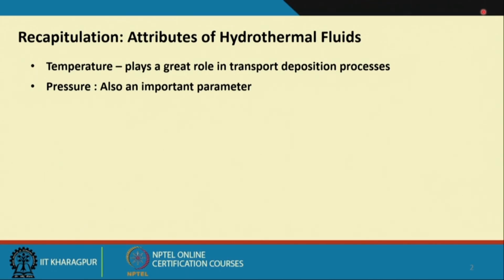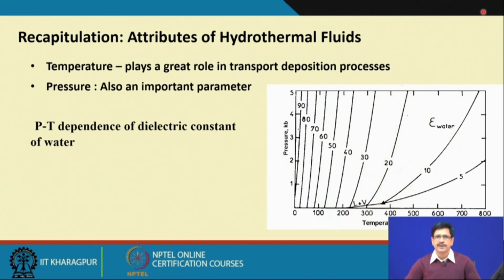But when we deal with a fluid at deeper conditions in the crust, pressure also becomes an important attribute, which we will try to explain through this kind of a diagram.